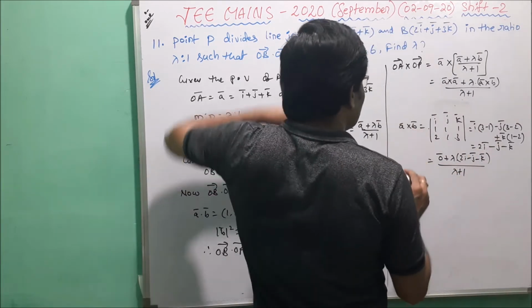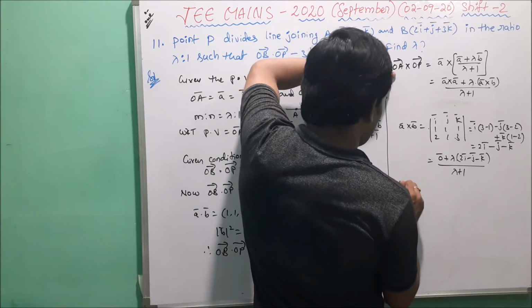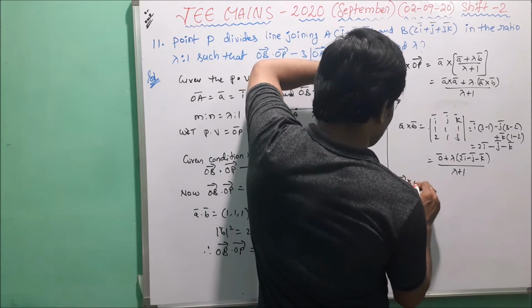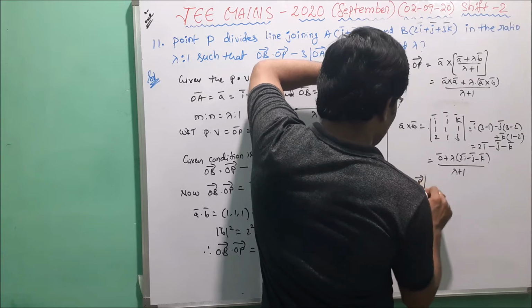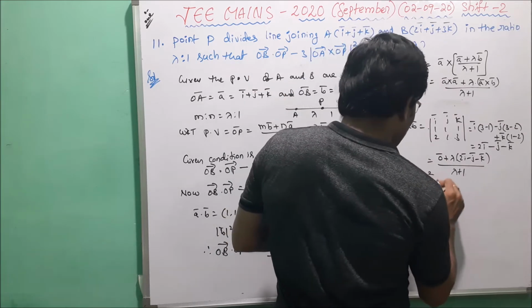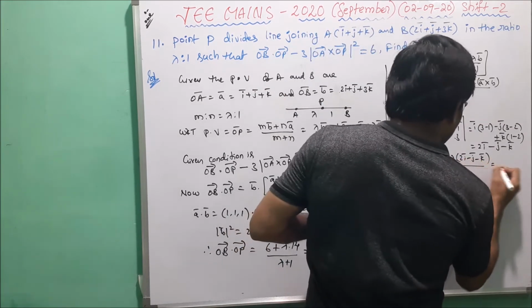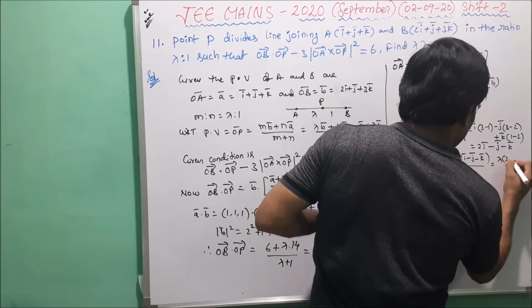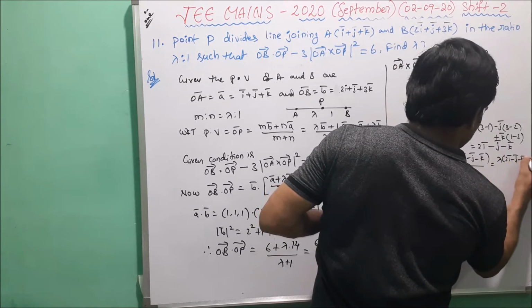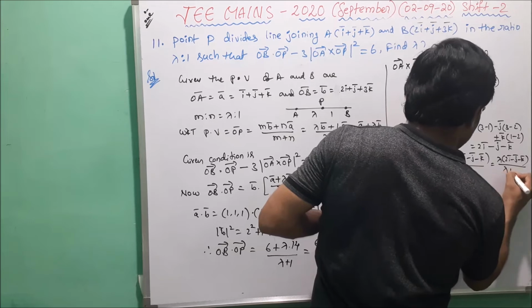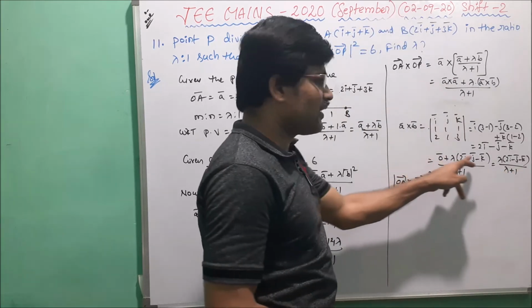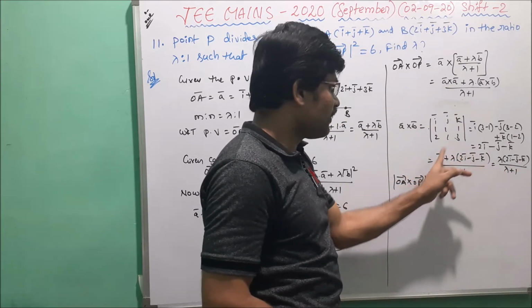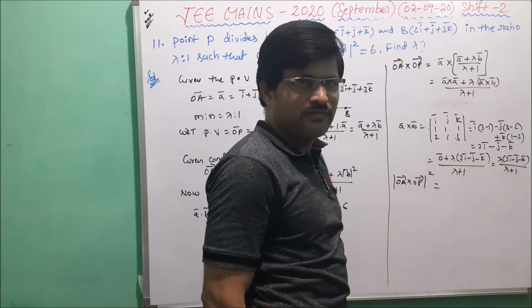Here we take the modulus whole square of OA bar cross OP bar, which is clearly lambda into 2i bar minus j bar minus k bar by lambda plus 1. Adding the null vector, we get the vector itself.